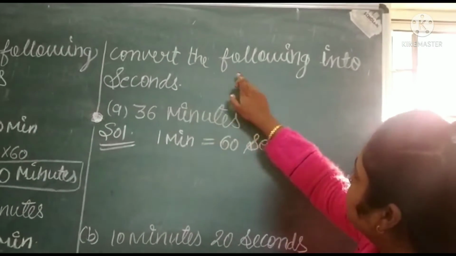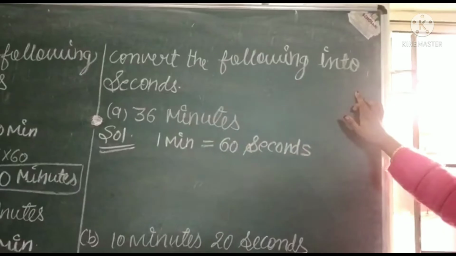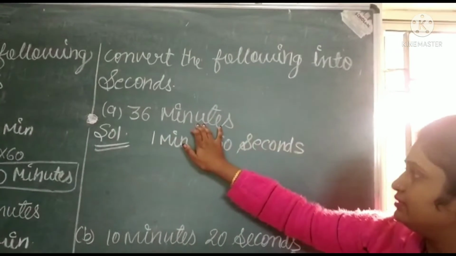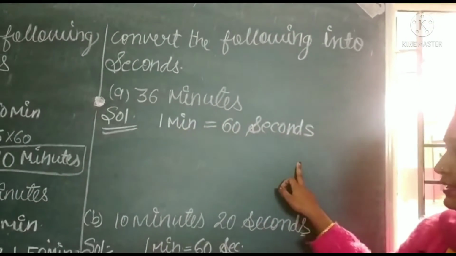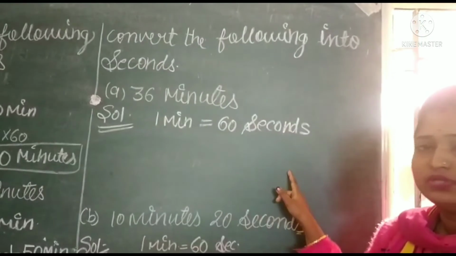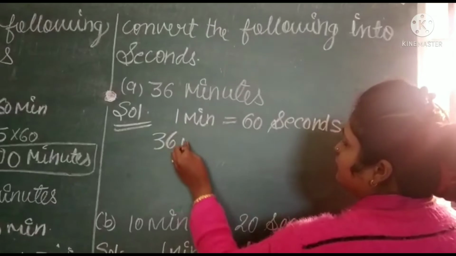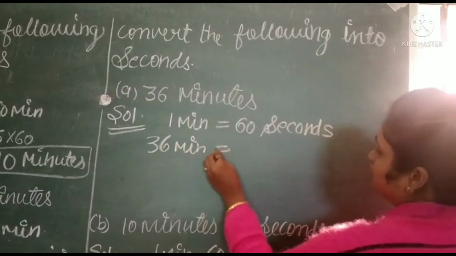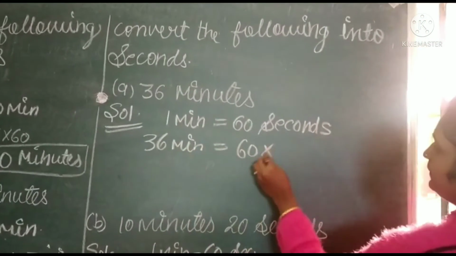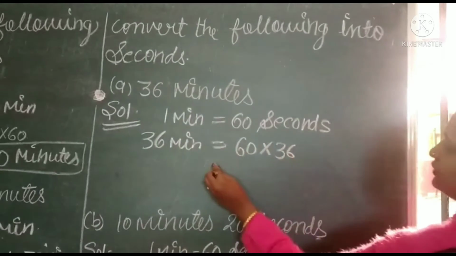Now next question is convert the following into seconds. We have 36 minutes. We have to convert into seconds. We know that 1 minute equals 60 seconds. So 36 minutes equals 60 multiplied by 36.